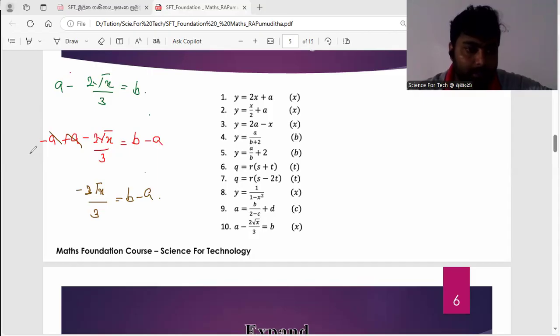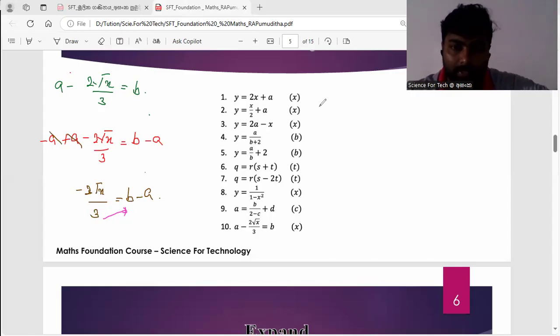Then I can easily do the cross multiplication. In here I can't do the cross multiplication, okay, because there is a subtraction, that means a minus this part, so I cannot do any cross multiplication, but in here I can do that one.